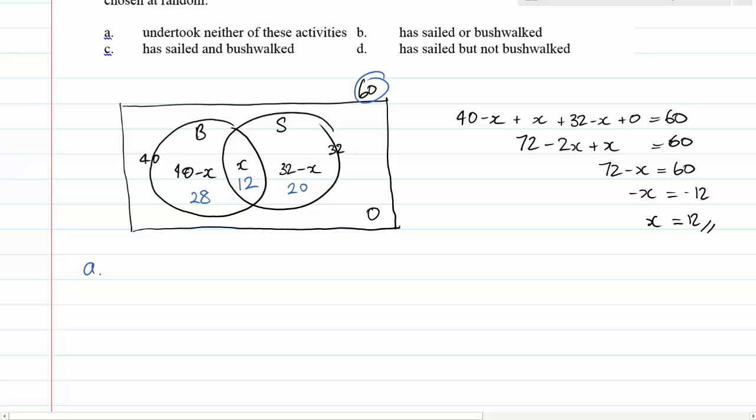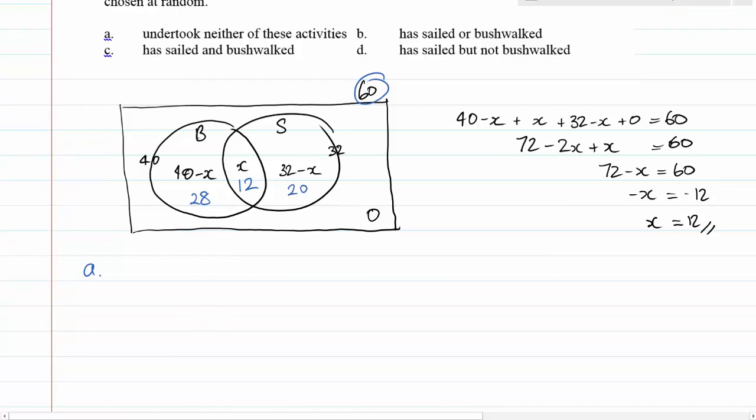A: undertook neither of these activities, so chosen at random, the probability a student undertook neither is 0 out of 60. B: has sailed or bushwalked, so they've done one of them. In this case, it doesn't say but not both, so therefore that's 60 out of 60, and that equals 1, that's definite.